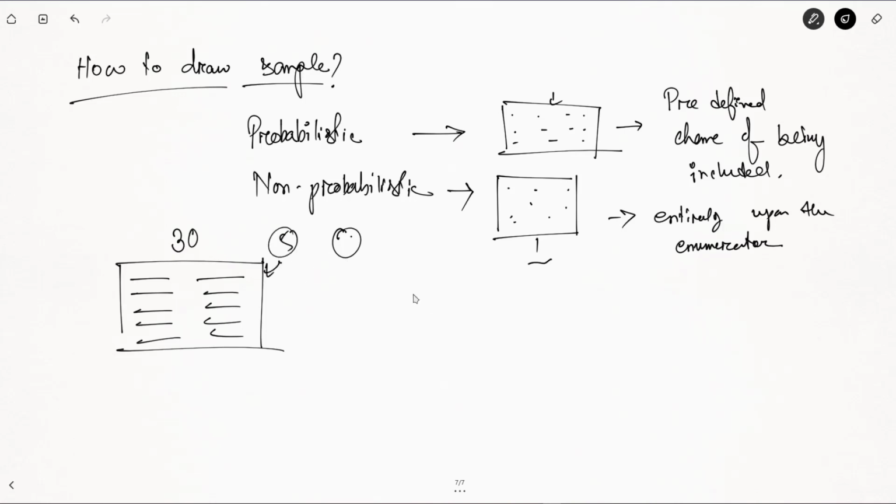If every student of the class has an equal chance of being included, that is 1/30, then this will be a probabilistic method of selecting a sample. Everyone gets an equal chance, no one being biased.